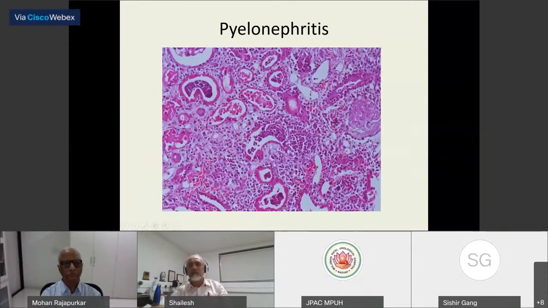And another condition is pyelonephritis, which we see very commonly in early graft dysfunction.